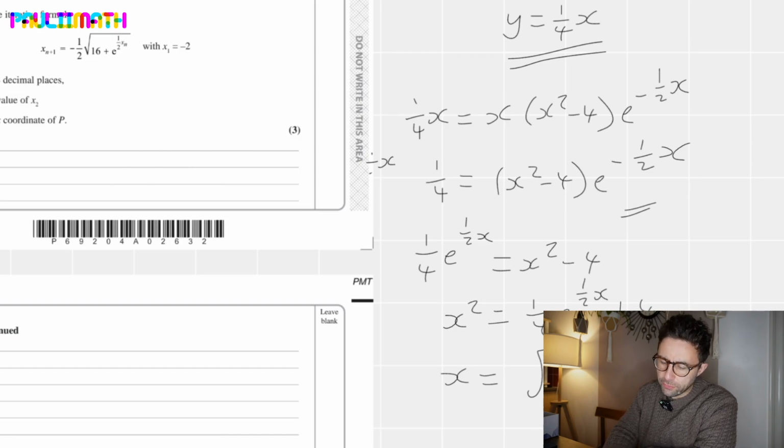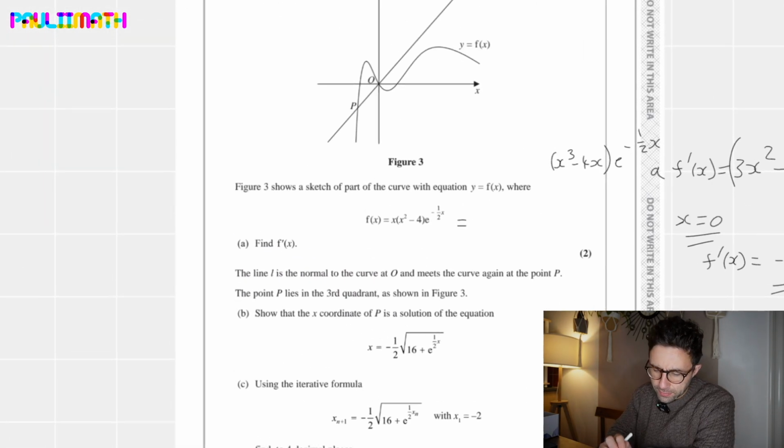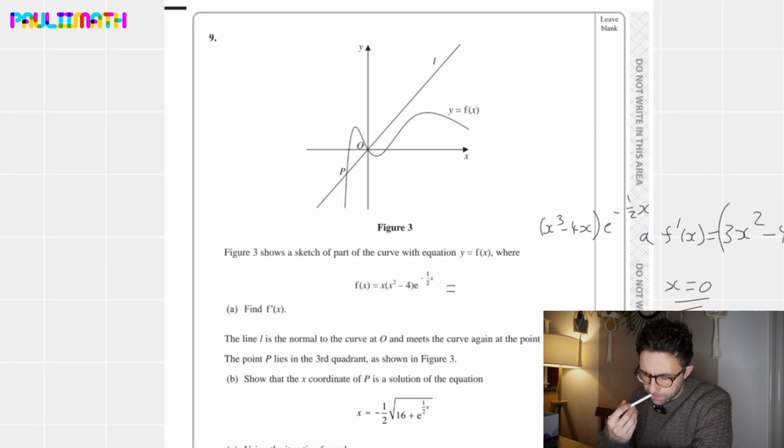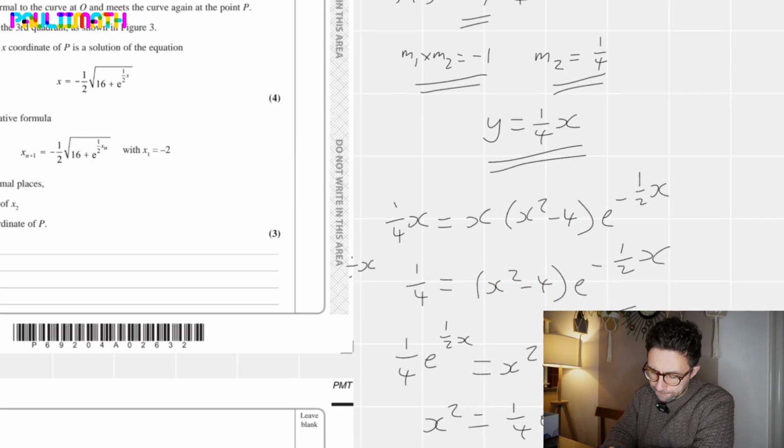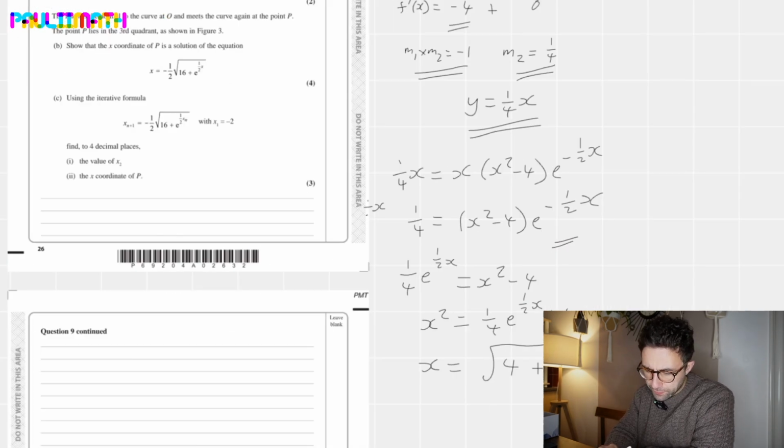We did take a square root, admittedly. Why is it coming up with a minus answer? No immediately clear reason. The point P is in quadrant 3. Why would it have to be the minus answer? Let me just check it again.